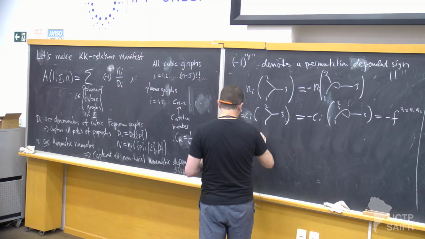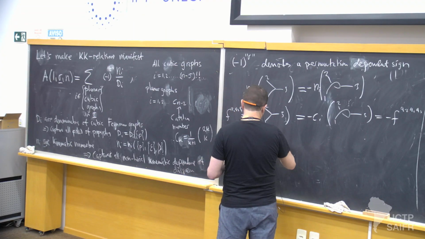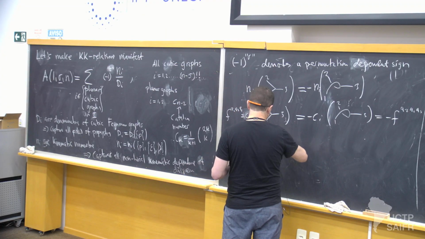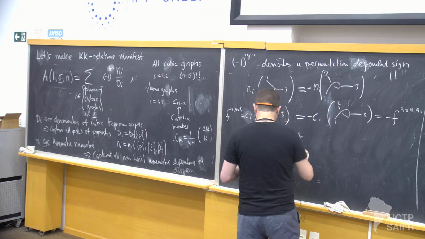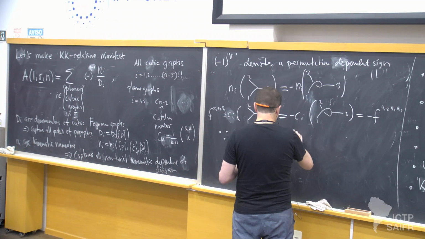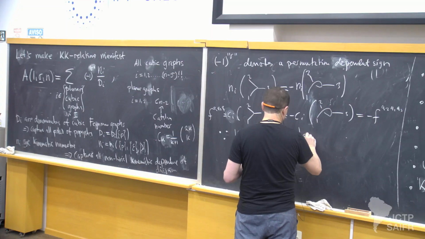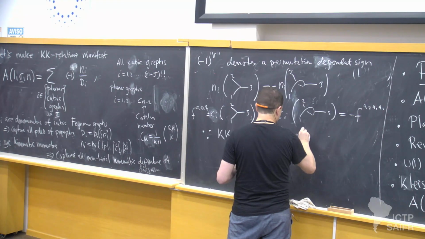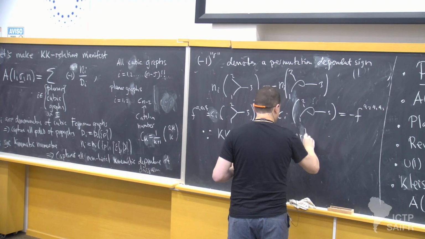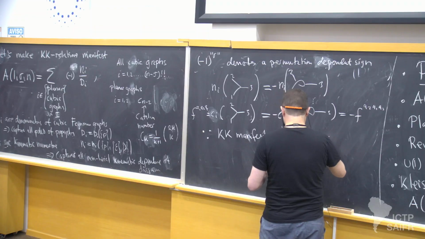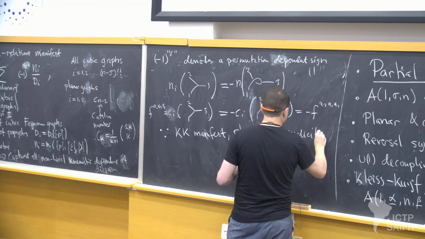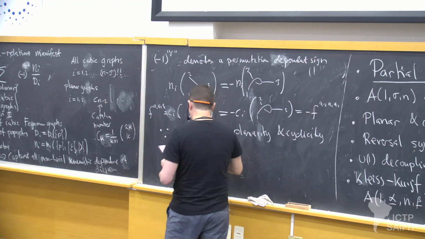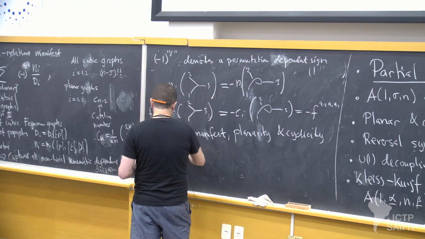So KK is now manifest. Also planarity and cyclicity are manifest.